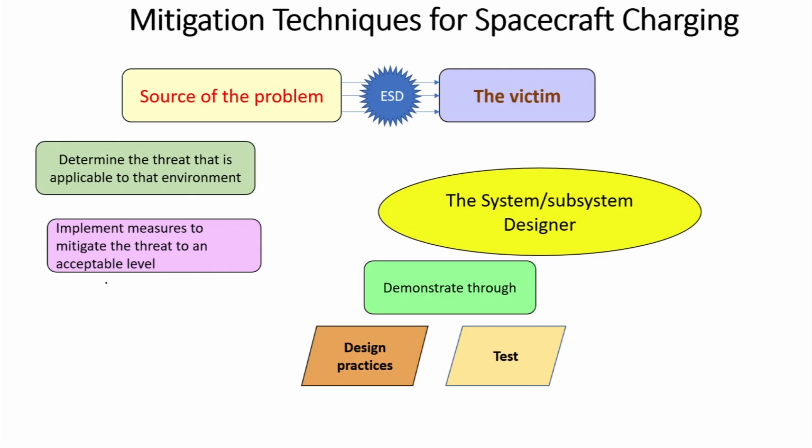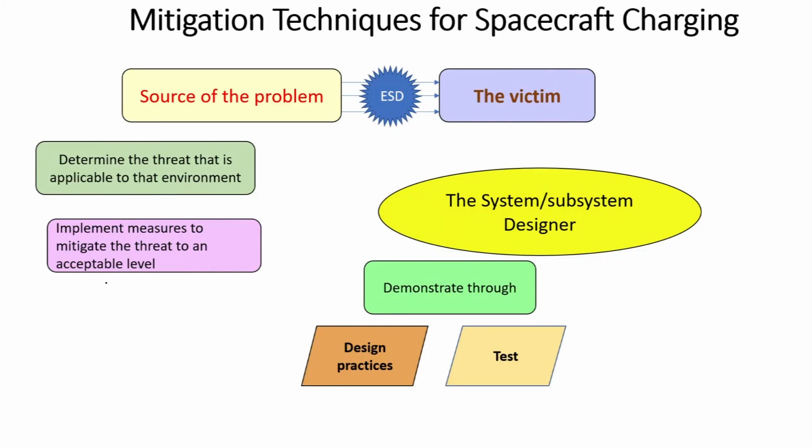Once the design is done, then comes fabrication, and during fabrication also it has to be properly quality controlled. Once all this fabrication is done, there is specified testing, which needs to be done by simulating the space environment conditions.